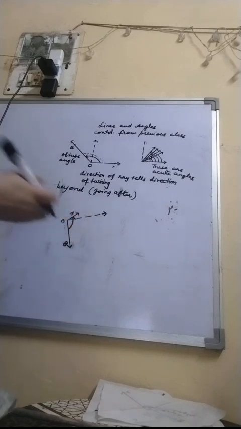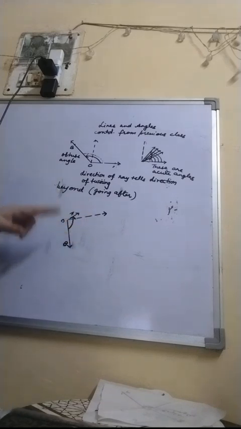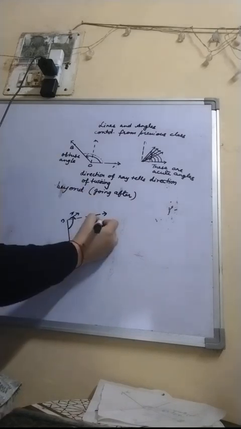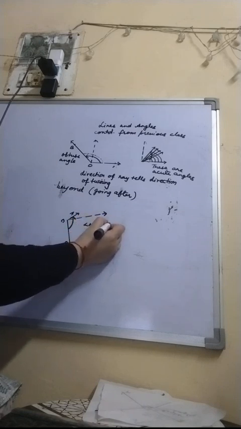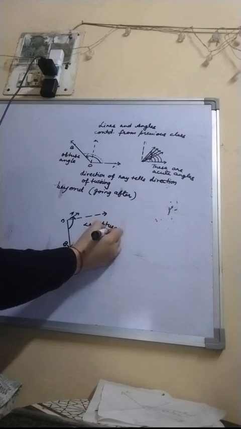If it is not crossing the right angle, that would be acute. If it is crossing the right angle, that would be obtuse. So again, this angle AOB is an obtuse angle.